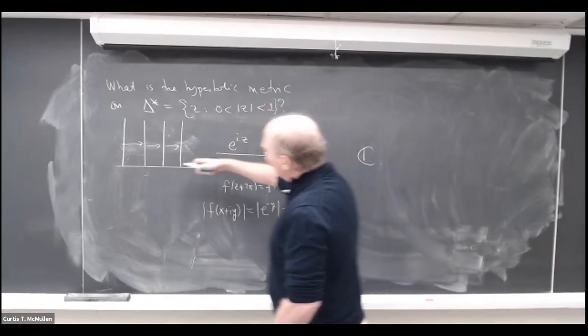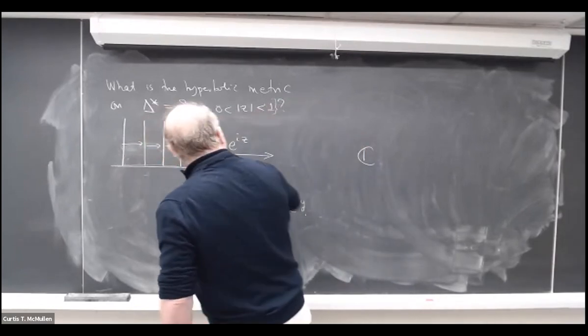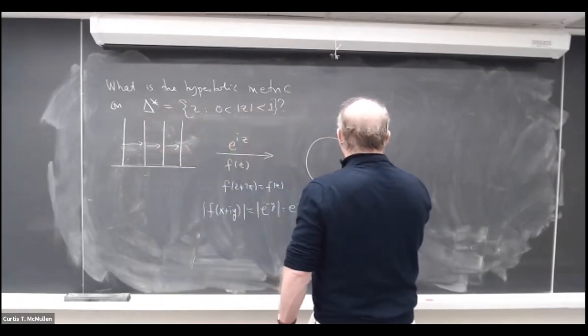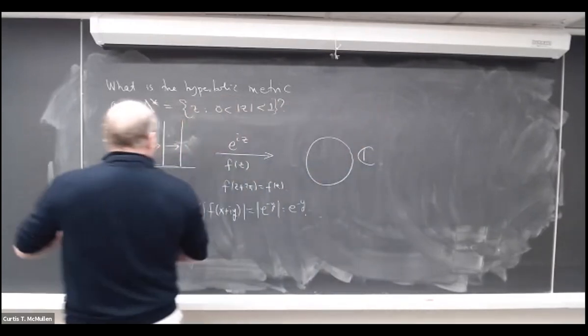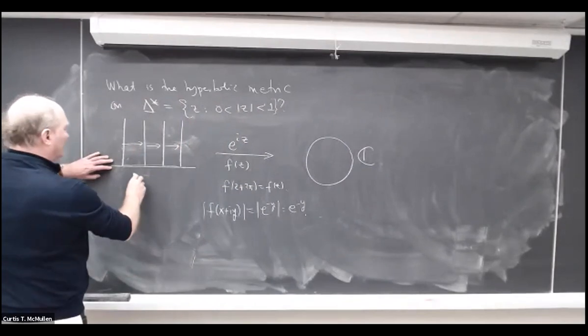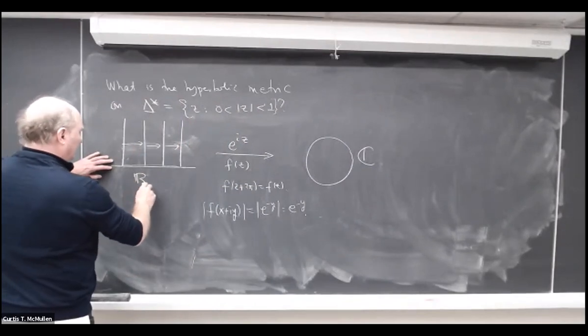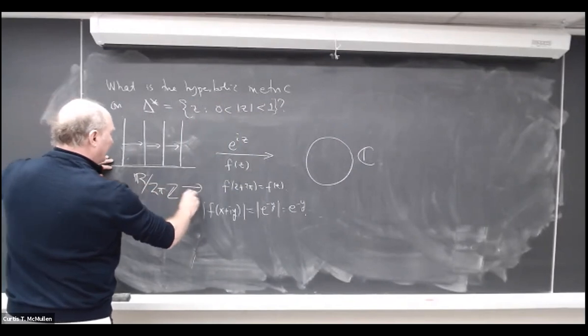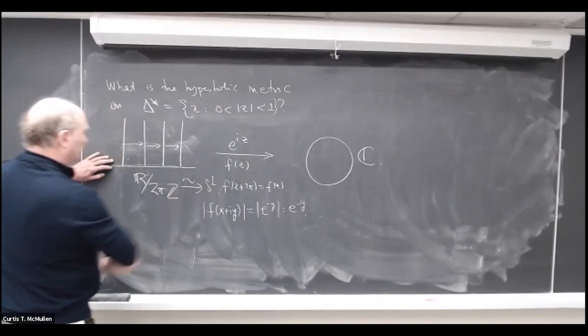So this function sends the real axis to the circle of radius 1, and it does so by a covering map. In fact, it sends R mod 2 pi Z isomorphically to the unit circle.